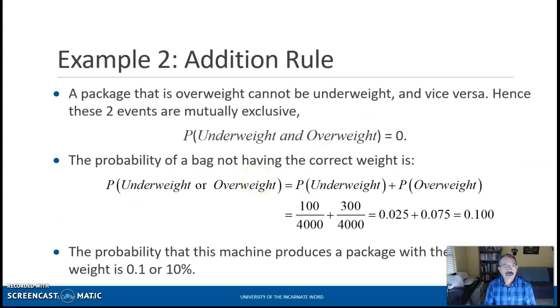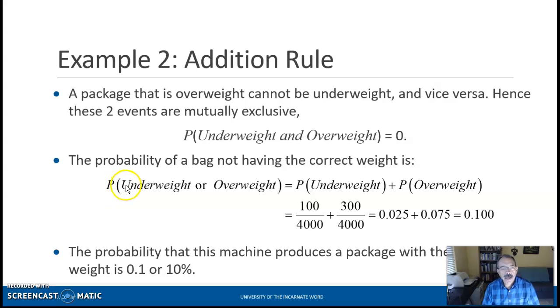So to find the probability that a package is overweight or underweight, we'll use this version of the addition rule. Here I'm making the point that these two events are mutually exclusive, and there are no packages that could be underweight and overweight simultaneously. So that probability is 0. That's why we use the shorter version of the addition rule.